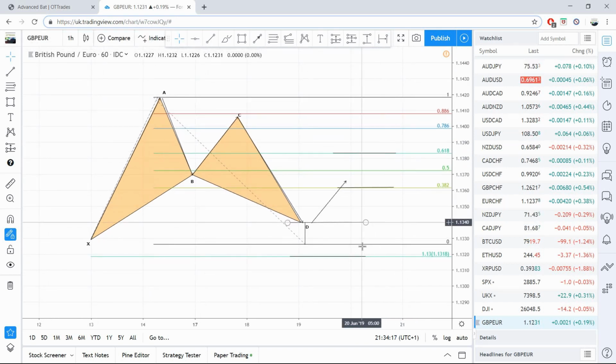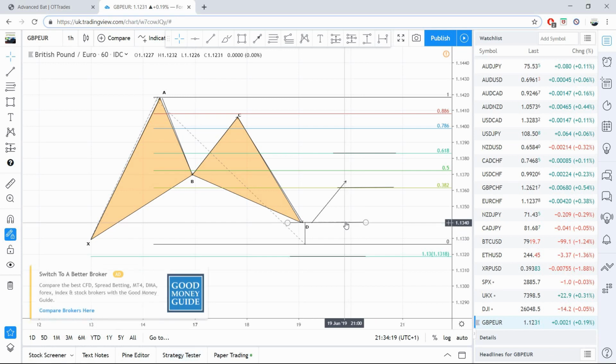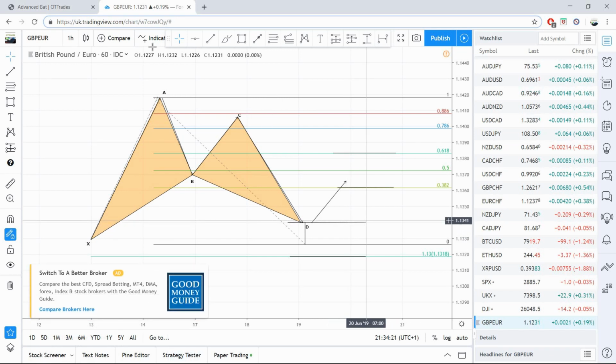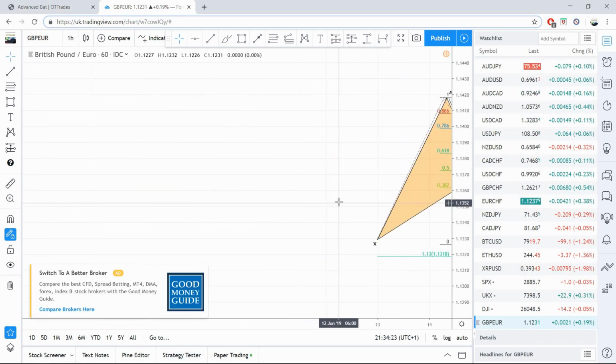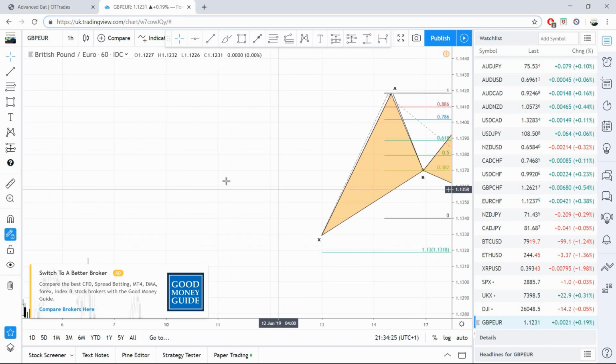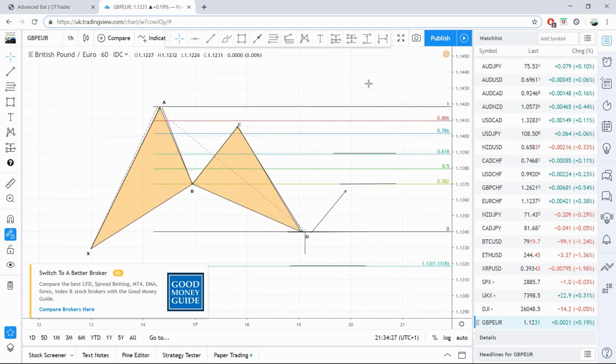This obviously does affect your risk to reward. Initially the targets would be, we've got a 22 pip stop loss, 30 pip target 1, 50 pip target 2. So we're greater than a 1-to-1 risk reward, and greater than a 2-to-1 risk reward for target 2.